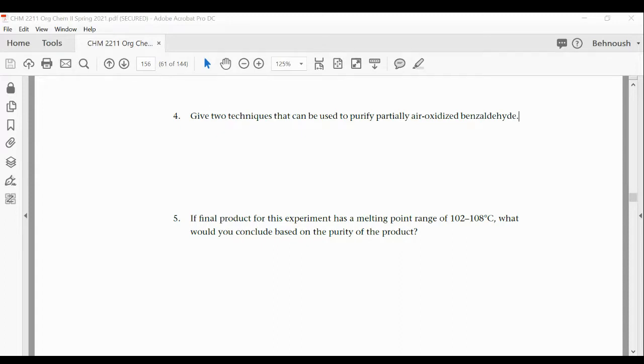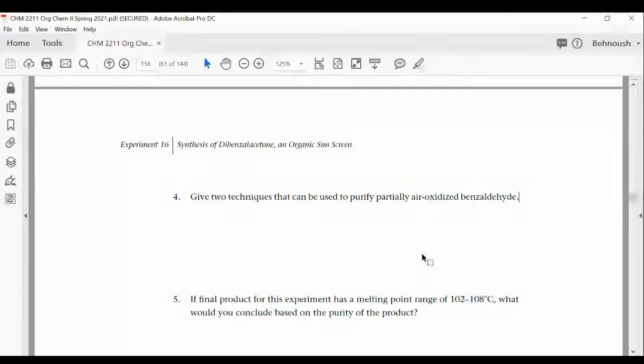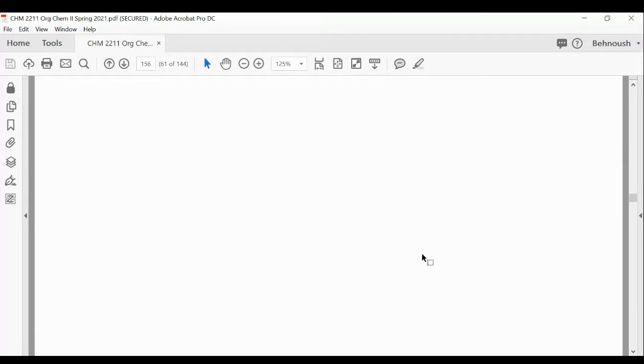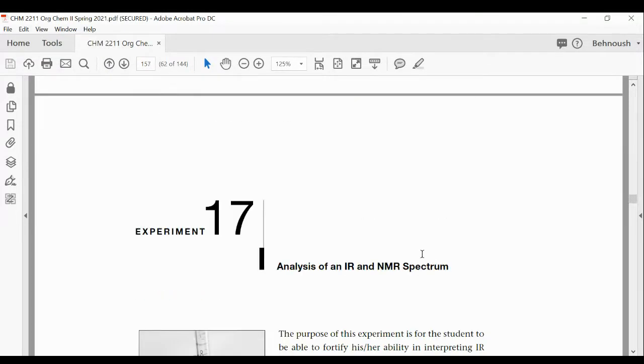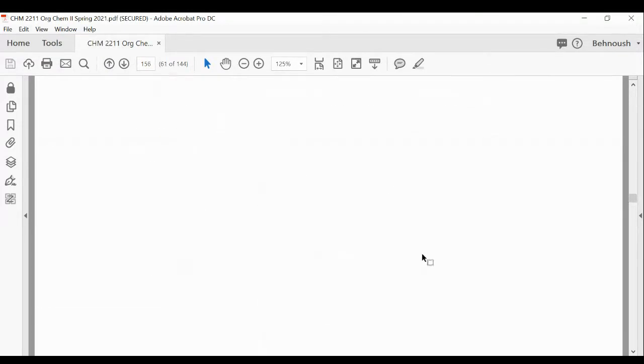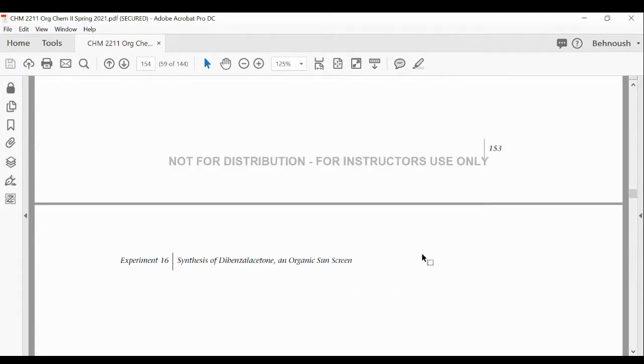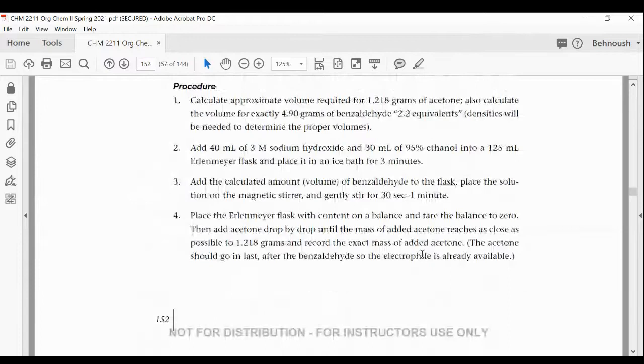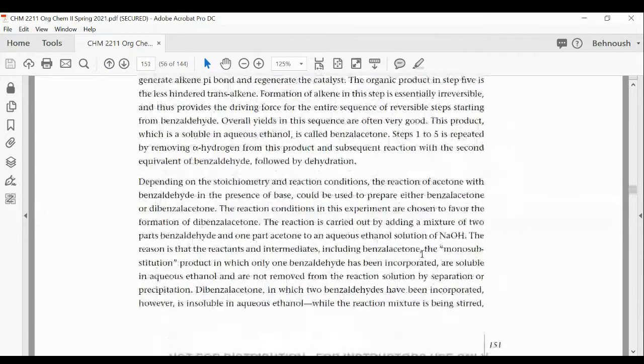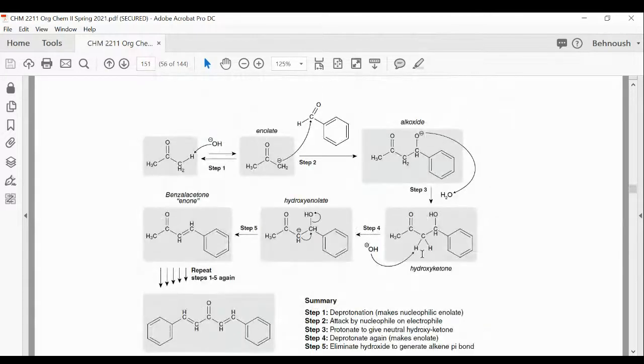Okay, since I had a few questions about the pre-lab, and this is the last major pre-lab, really, I wanted to answer these questions before I ask you questions or go over the actual experiment. Do you have any questions at this point?